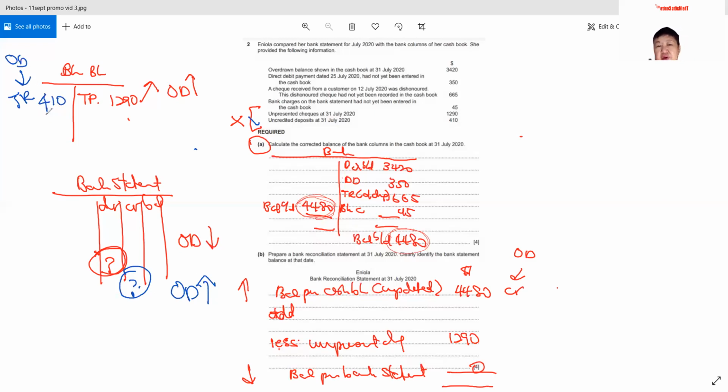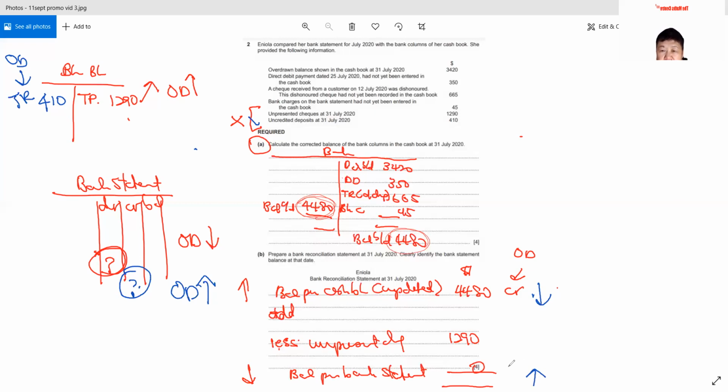You can play this video again. This is all I tell my students when you deal with overdraft: think logically, and then in the exam situation you'll be fine. So the effect of the 410 is to cause your cash book, which has a smaller overdraft, to move to a bank statement, which has a bigger overdraft, because there's no 410.